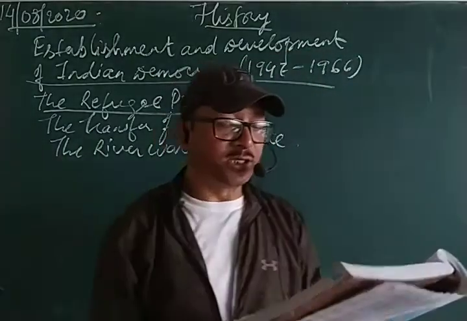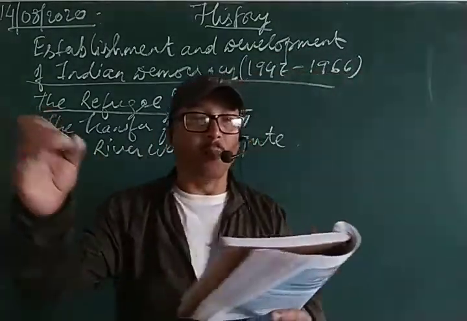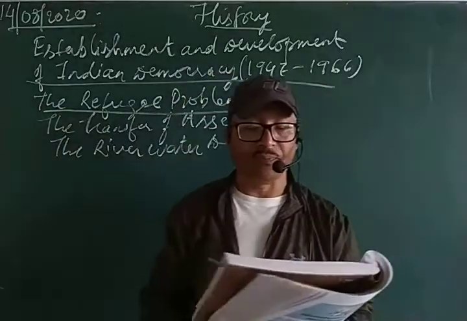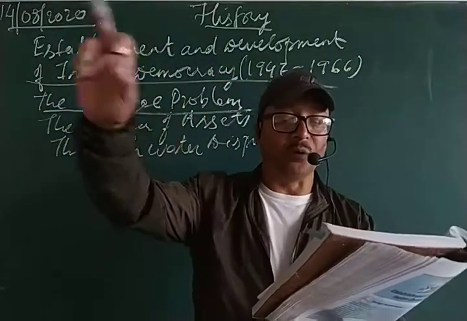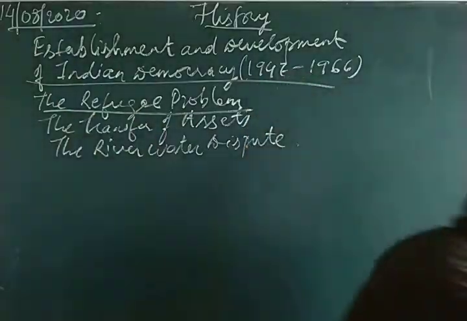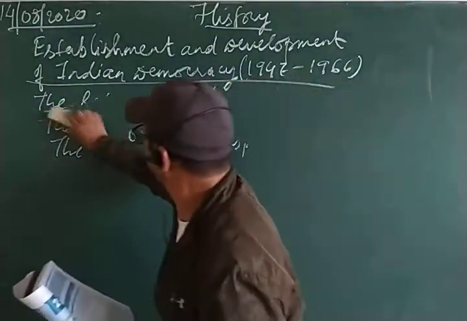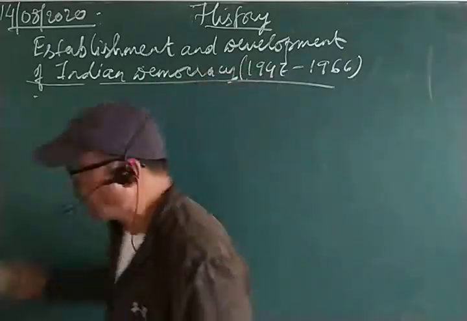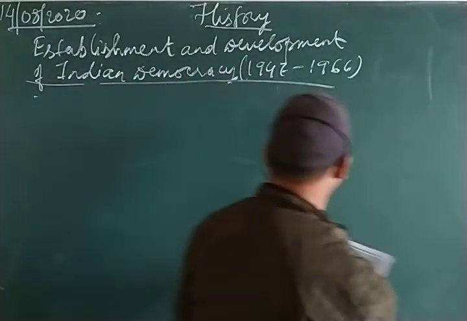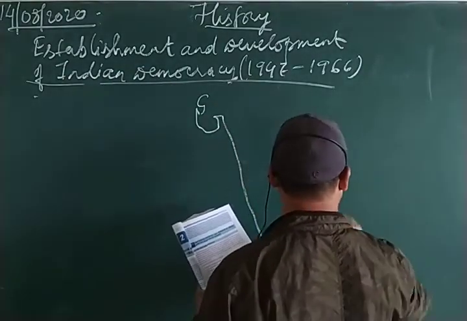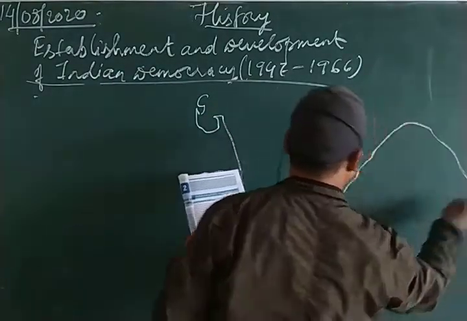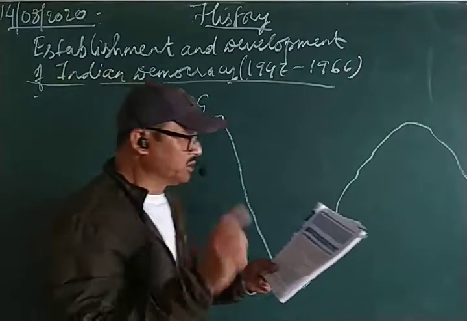Let us divide the problem under these heads. Number one: the incoming refugees from West Punjab, now in Pakistan, to East Punjab. Clearly, dear children, try to understand. I will make a map here. See what was happening.